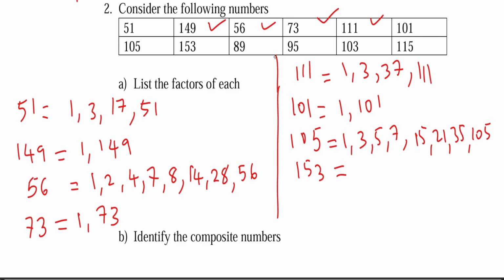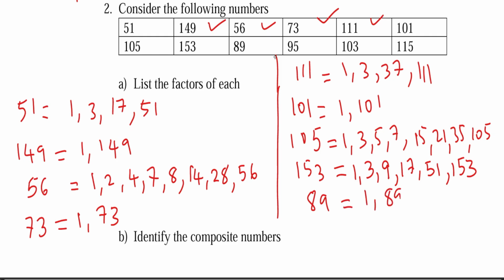We have a lot of factors: 1, 3, 9. You can divide by 9, you can divide by 17, 51. But you need to check it on your calculator, just in case I'm wrong. We have 51, 153, and then we have 89. 89 is a prime number, so we just have 2 factors, 1 and 89.